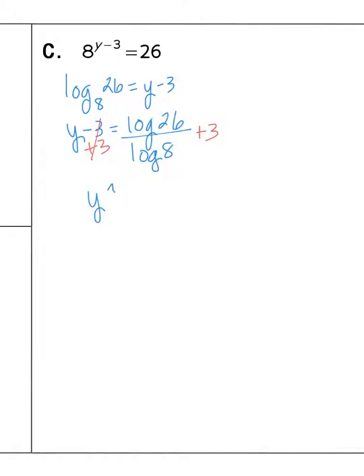And so y is going to approximately equal, and of course this is going to go in my calculator using those parentheses exactly as I see it, approximately 4.57. And again, my variable's in an exponent, so there are no restrictions.